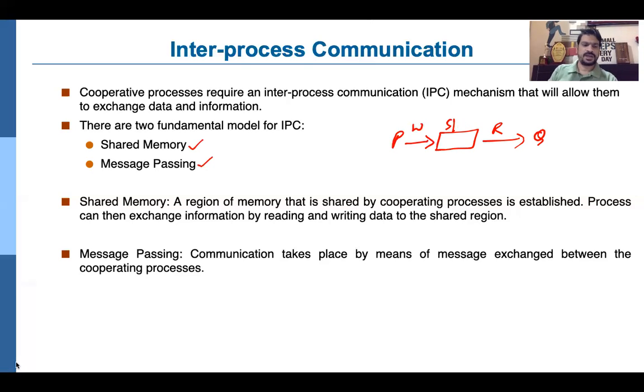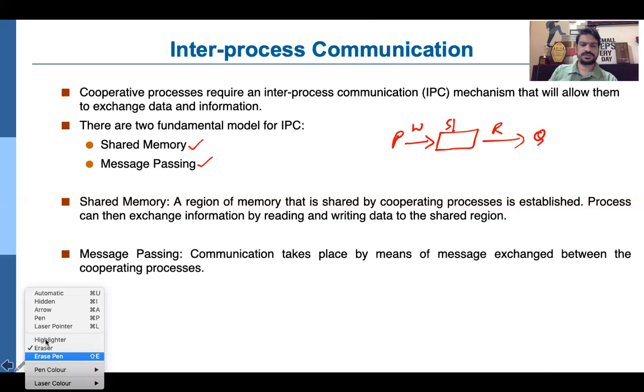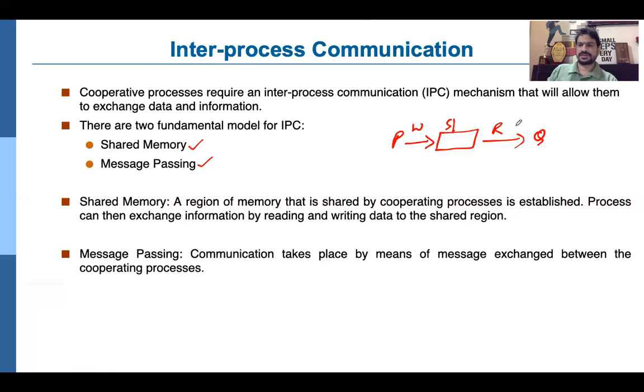Okay. Next is message passing. So what is message passing? In message passing, communication takes place by means of message exchange between cooperative processes. Now these two processes can exchange messages with each other, and that is only possible with some sort of communication passage.